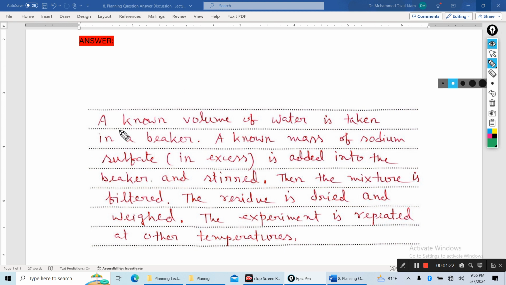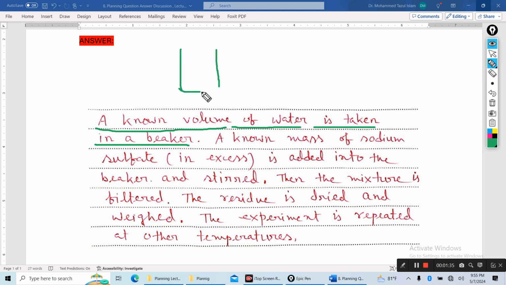Let's move. At first, a known volume of water is taken in a beaker.